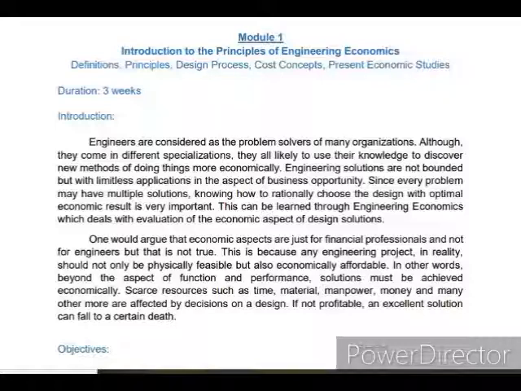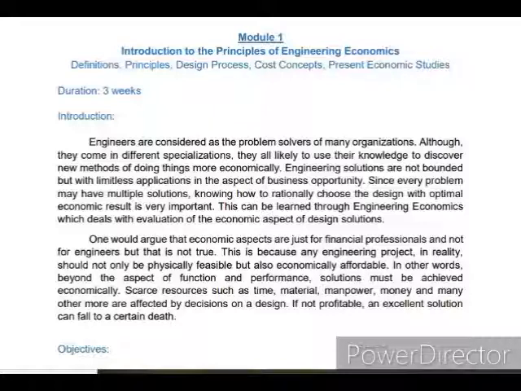In other words, beyond the aspect of function and performance, which we engineers are more inclined to, solutions must be achieved economically. This is because scarce resources such as time, material, manpower, money, and many others are affected by decisions on a design.